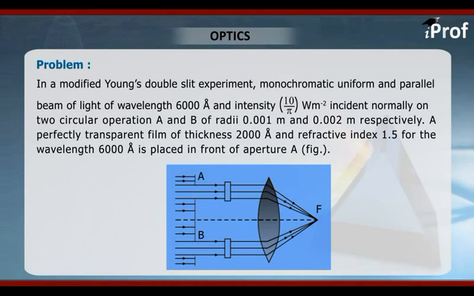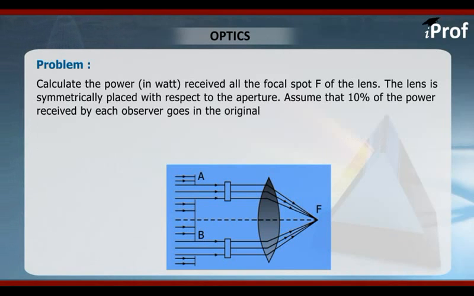A perfectly transparent film of thickness 2000 angstrom and refractive index 1.5 for the wavelength 6000 angstrom is placed in front of aperture A as it is shown in the figure. Now what we have to calculate is the power, in watt, received at the focal spot F of the lens.